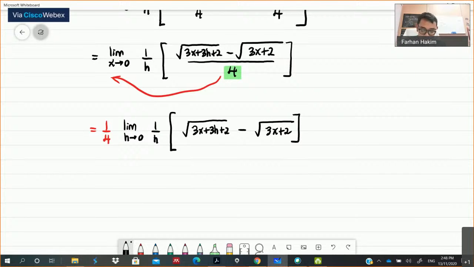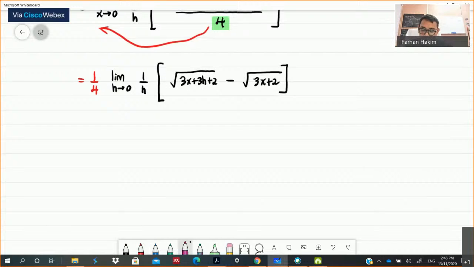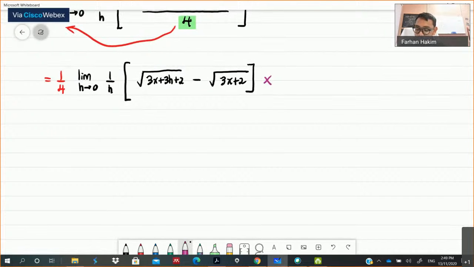The intention is to find the h so that we can cancel h with the h in the bracket. To do that, we have to multiply with the conjugate of the term inside the bracket. So we multiply this by the square root of 3x plus 3h plus 2, and because this is minus, its conjugate has plus the square root of 3x plus 2. For the denominator, we copy everything the same: the square root of 3x plus 3h plus 2 plus the square root of 3x plus 2.